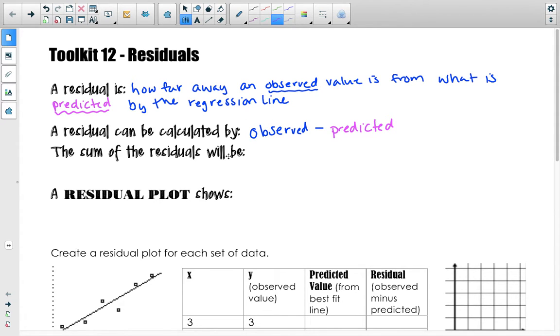So the sum of the residuals will be 0, or very close, because of rounding. So what it'll look like is when we have our data points, we will try and find a line that fits this data the best. So something like this.